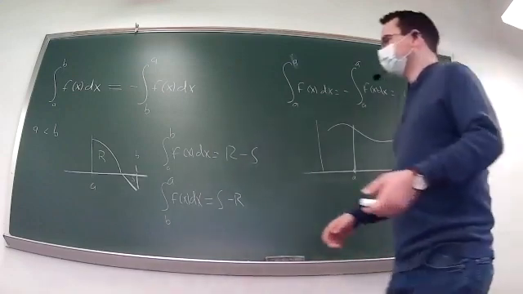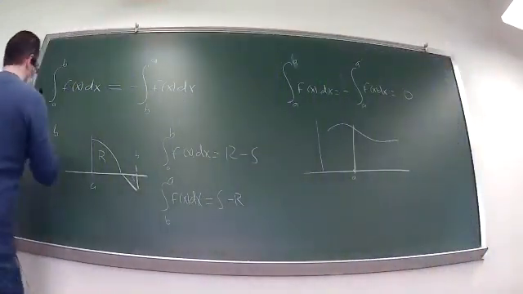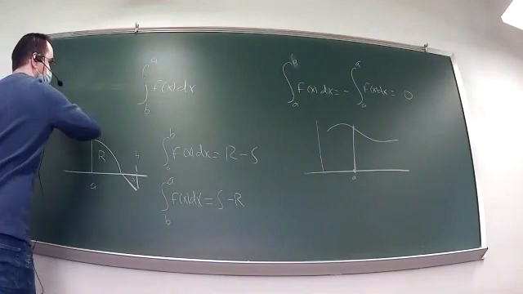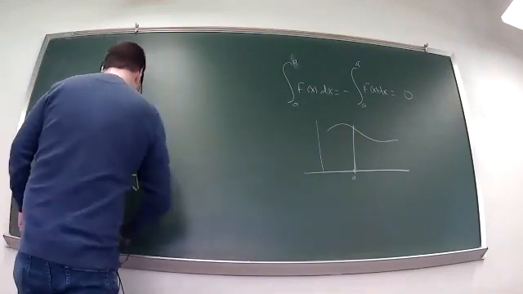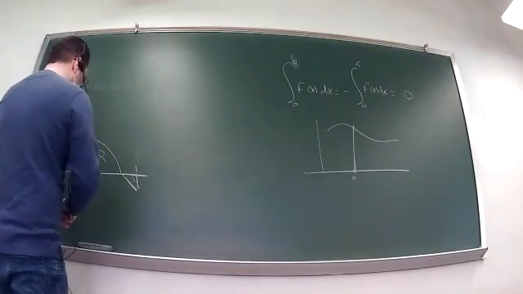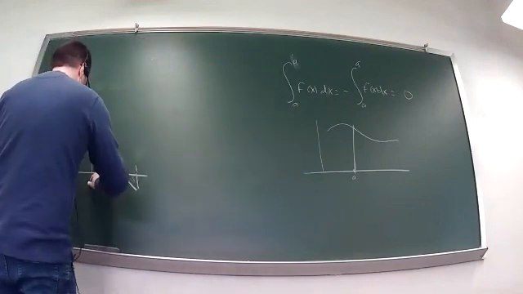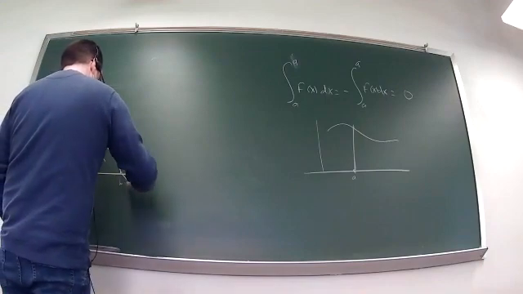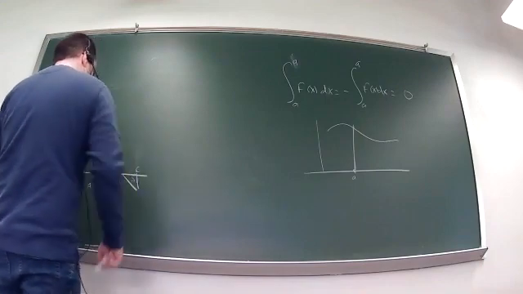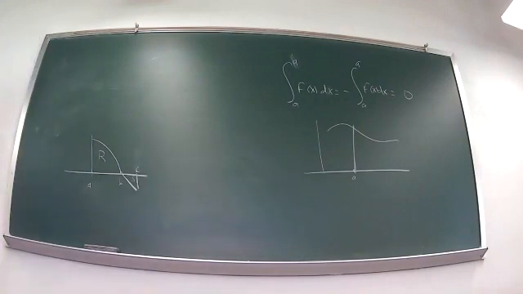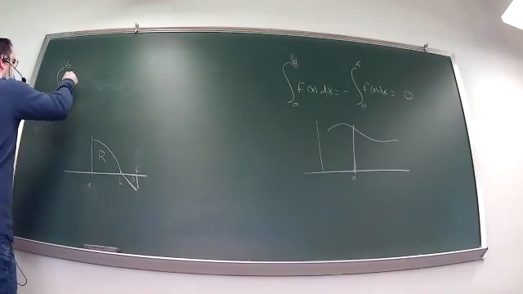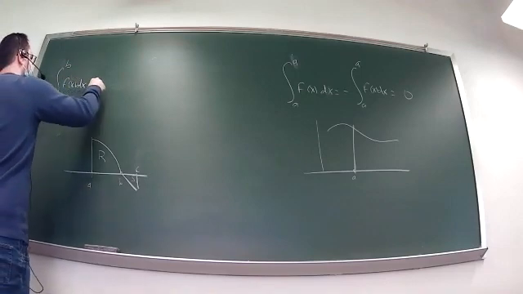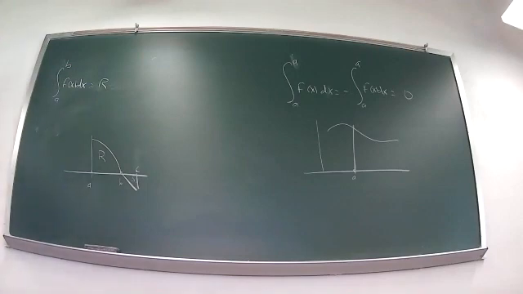The other thing we like to say, let's go back to this picture and let's label these 3 points A, B, and call that one C. So the integral from A to B of f is equal to R. That's the area under the curve.